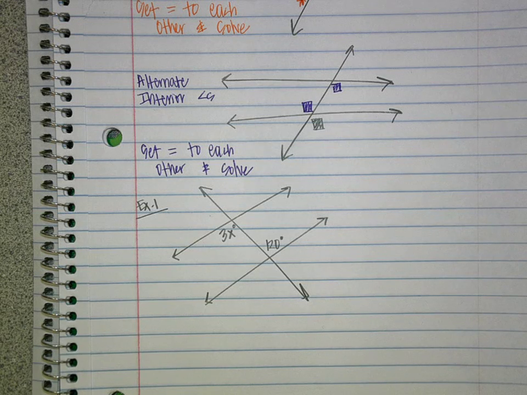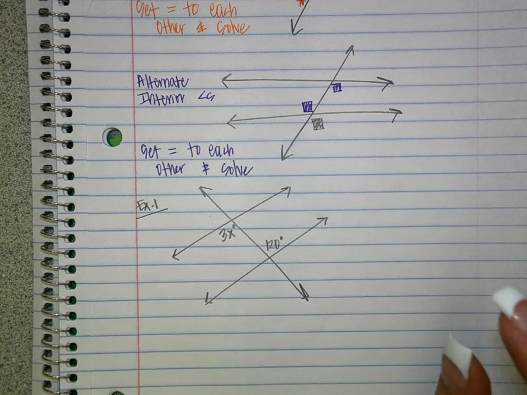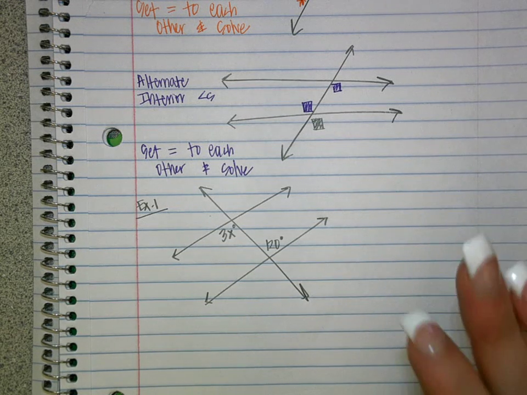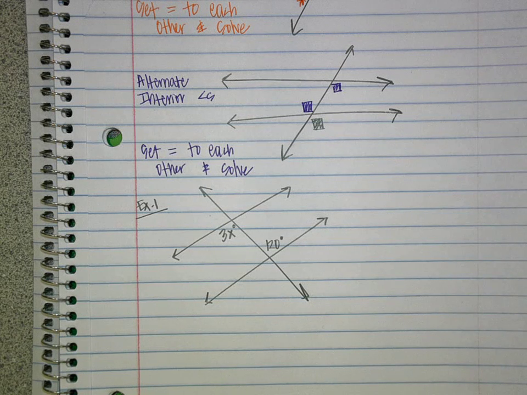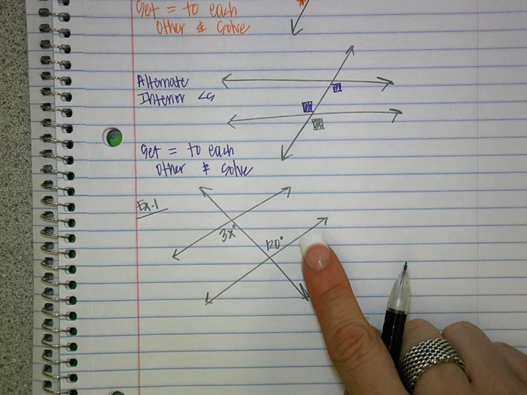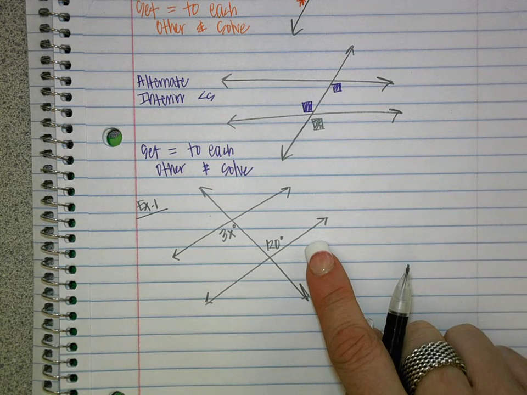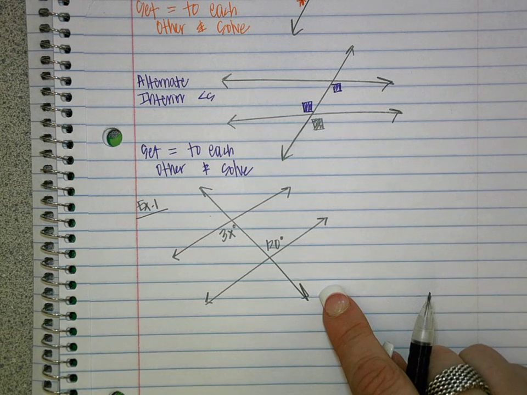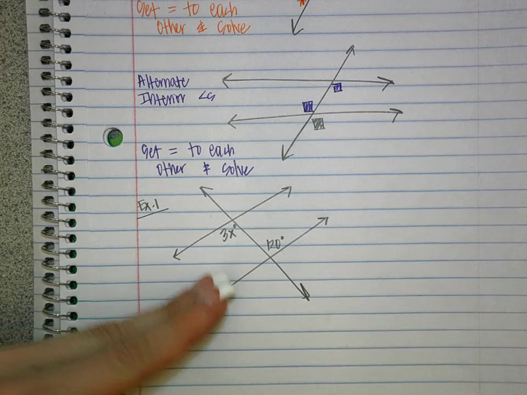Now, I also want you to make sure you know what they're called in relationship to each other. Even though all the problems today you're going to set equal to each other, on a couple of questions on your test it's asking, why do you know that? You know to set them equal because of what they're called. So what would you call this one? These are alternate because they're on different sides of the transversal, and interior because they're in between the parallels.